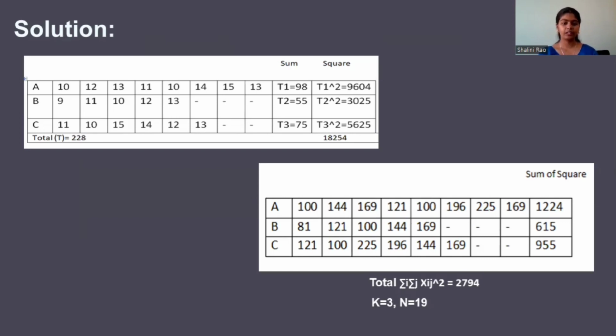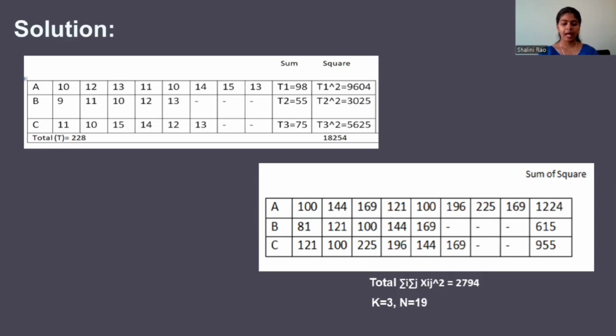And adding T1, T2 and T3, we get the total T value. Squaring the table of observations, we get another table, and adding them row wise, we get the sum of squares. And adding all the sums of squares, we get the total, that is summation i summation j x_ij square.